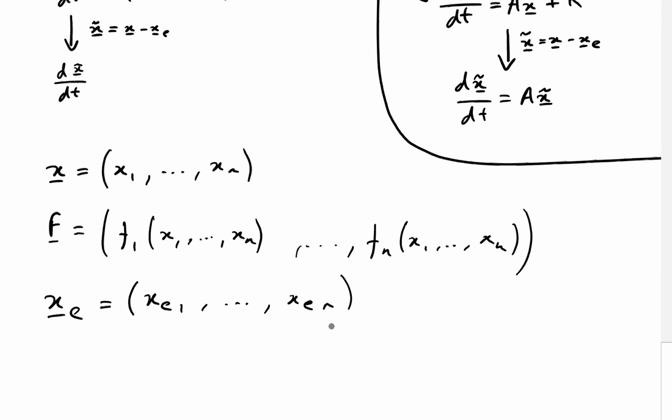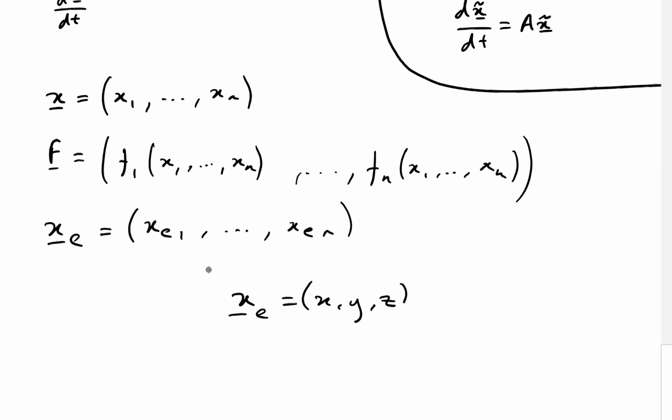Not n different equilibrium points, that's one point, but in n different dimensions. So for example, if it was in 3 dimensions, xe would be xyz. That's all I'm basically saying there.